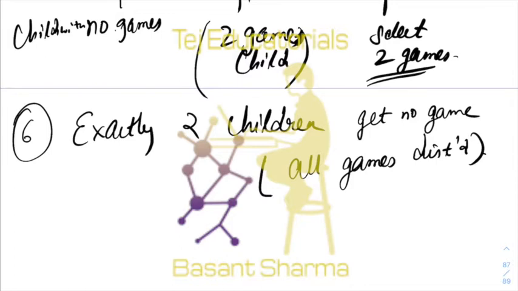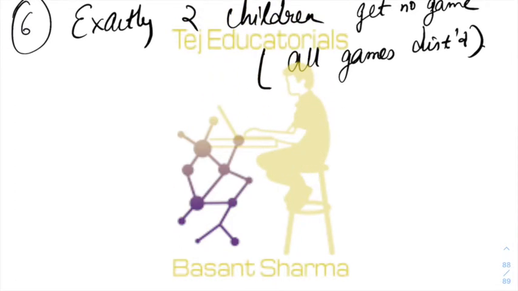Now you see, in this case, what are the possible distributions? Case 1. 2 children get no games at all.